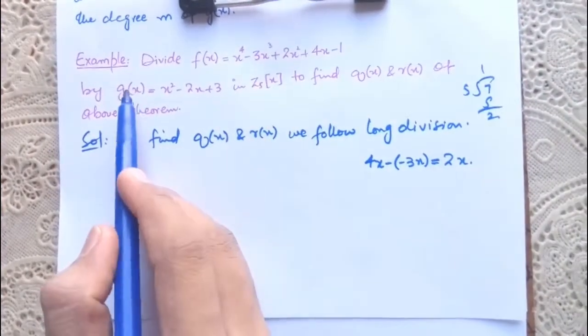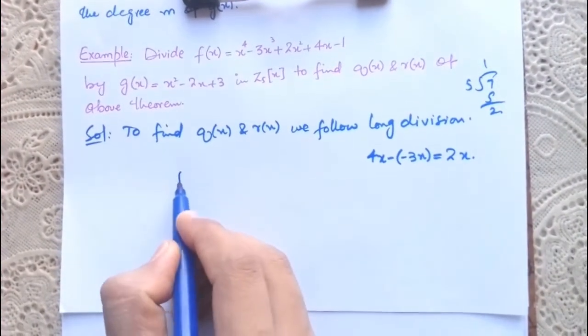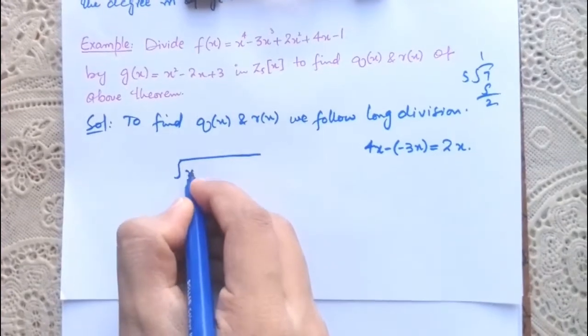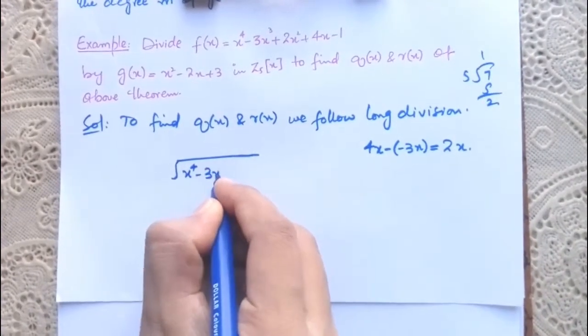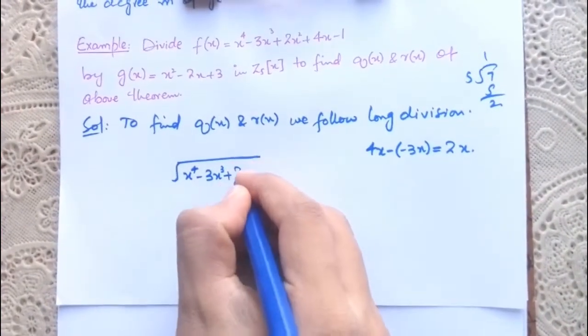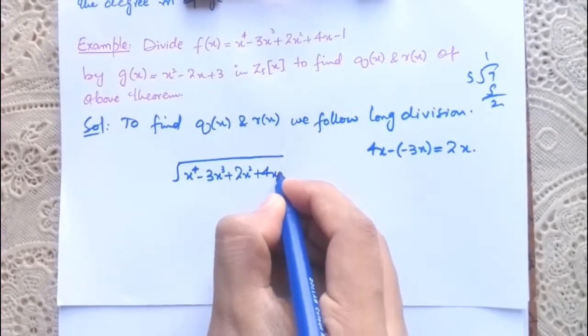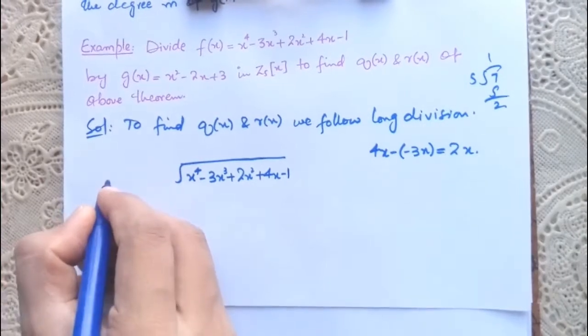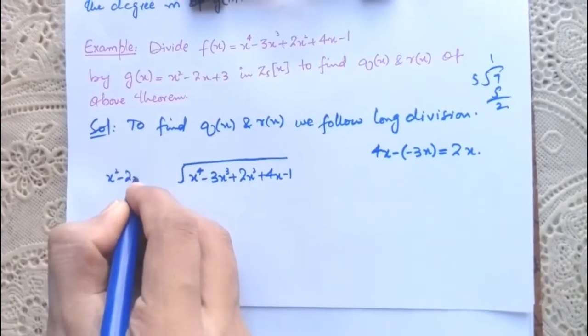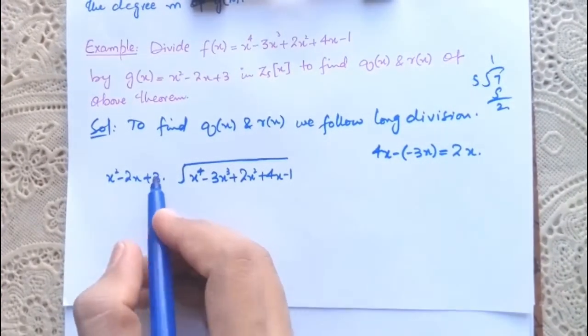So f(x) is divided by g(x), that is x^4 minus 3x^3 plus 2x^2 plus 4x minus 1 is divided by x^2 minus 2x plus 3, right?